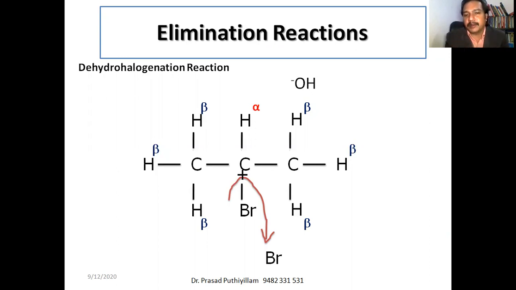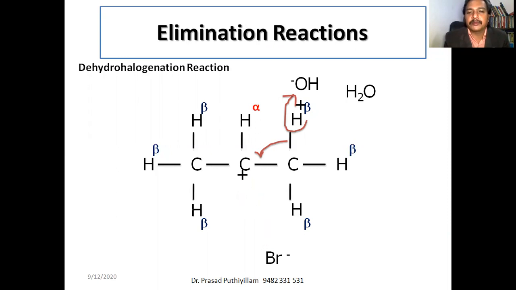The carbon becomes a carbocation, and one of the hydrogens at the beta position is taken up by the hydroxide ion. It becomes a water molecule. That C-H bond shifts back toward the carbocation to stabilize it.